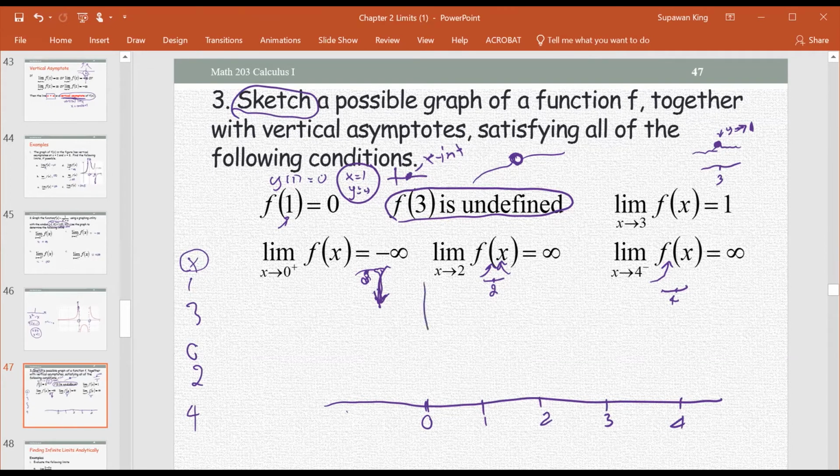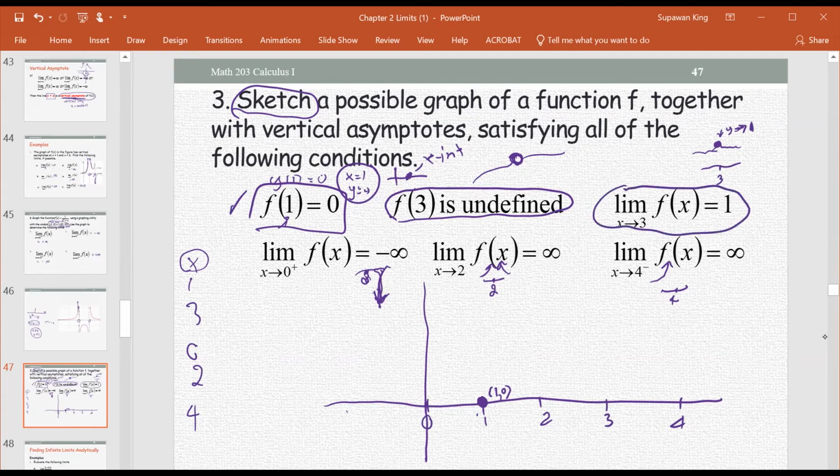And now the function value at x equals 1 is 0, okay? So let me clear this up a little bit. First one, f at 1 equals 0. That's the ordered pair I asked you about earlier, the ordered pair 1, 0. This one, check, we use it. Next one, f at 3 is undefined. Well, not much that we can do. We know that we cannot put the dot or connect the graph at x equals 3, but with the condition that the limit as x approaches 3 equals 1.